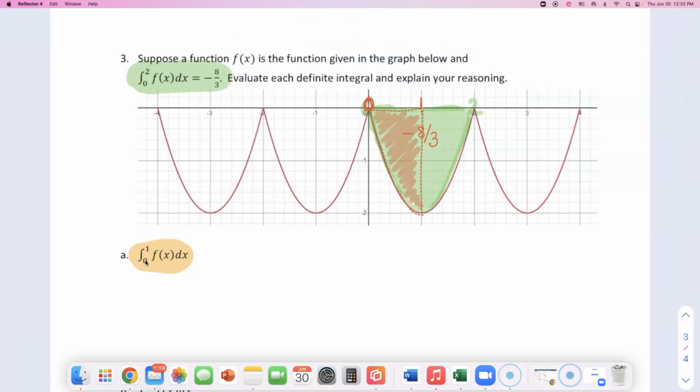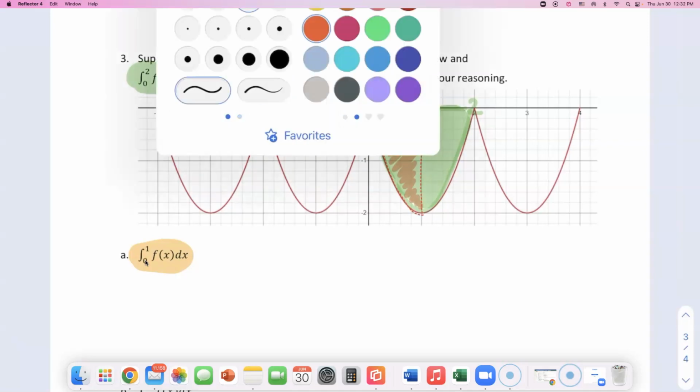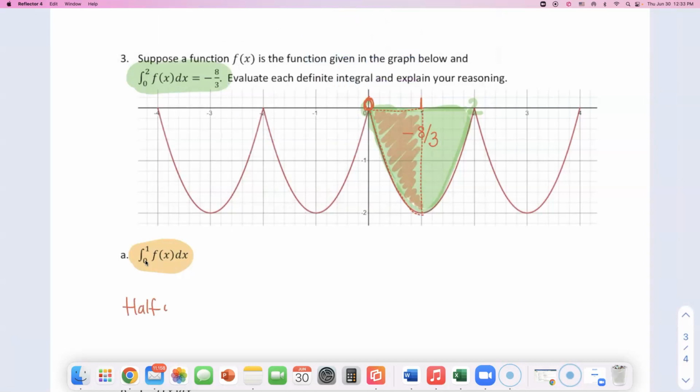Well, that's exactly half of what we got, isn't it? So what is half of negative 8 over 3? That is equal to negative 8 over 6, right? I divide negative 8 over 3 by 2. We better simplify this. That's negative 4 over 3. So the first answer was simply asking, if green is this, what's half of that?